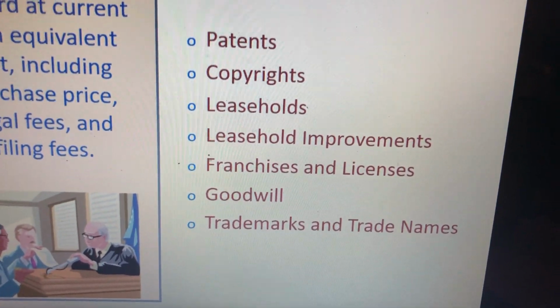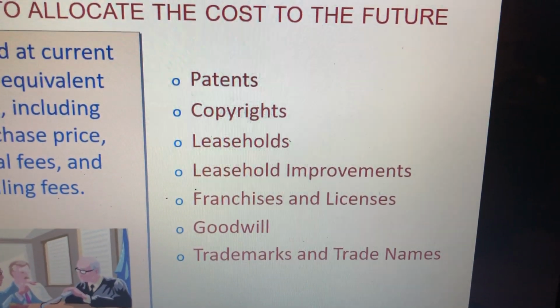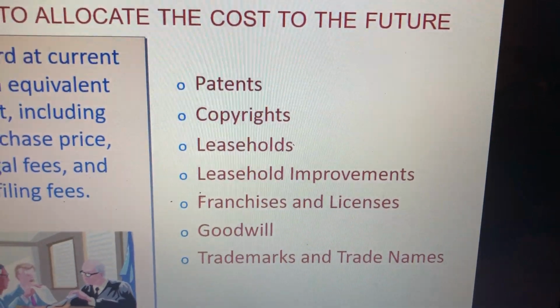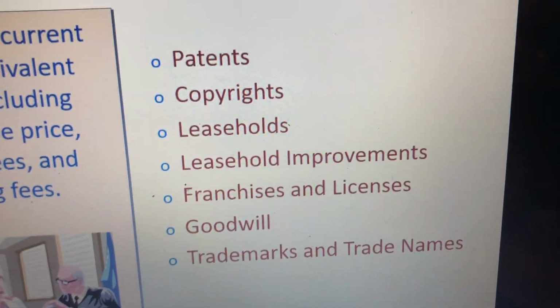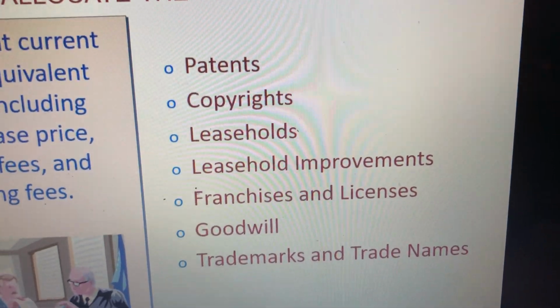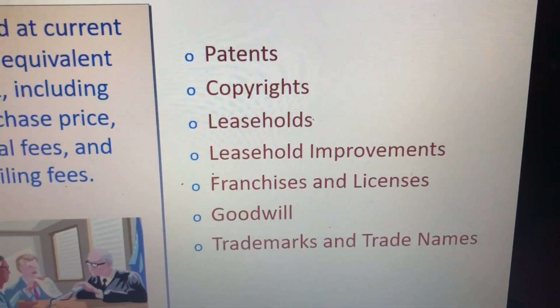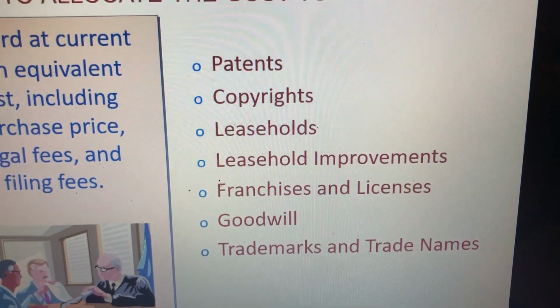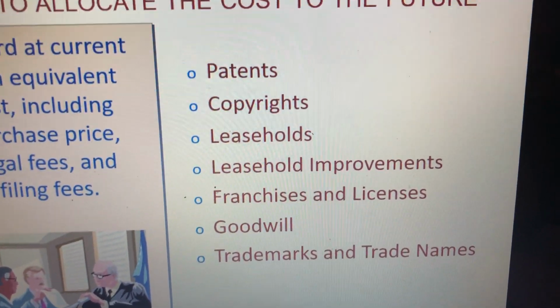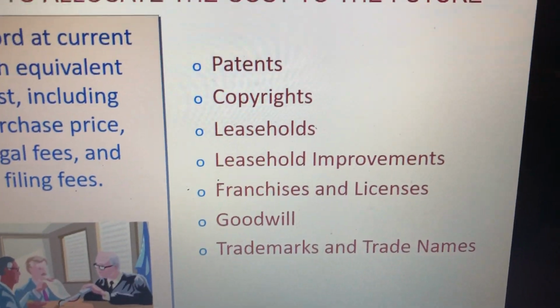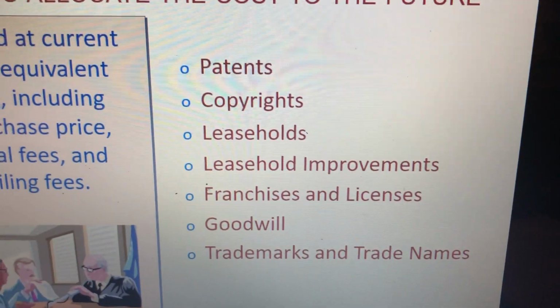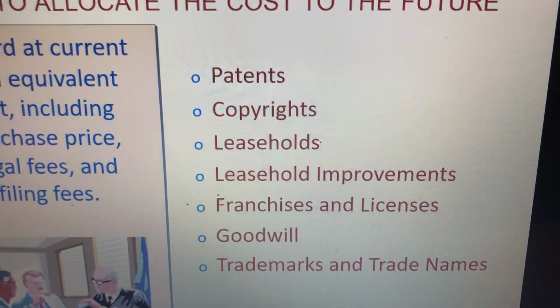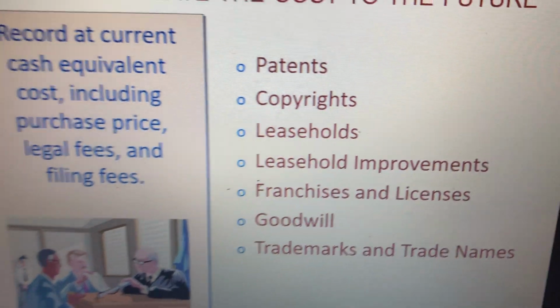And then trademarks or trade names. Okay, so patents are rights to invention, copyrights, rights to literary work. Trademarks would be the Under Armour symbol, the Clemson Tiger Paw, the Pepsi-Cola brand, and all of those types of symbols that are used, as well as leases, lease improvements, franchises like McDonald's or Chick-fil-A, and licenses to run them, as well as goodwill.